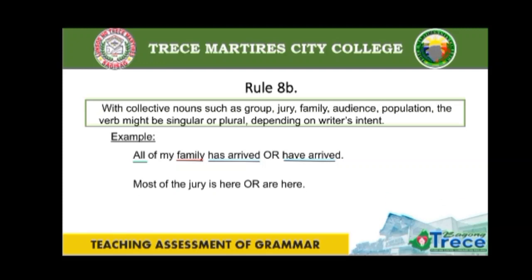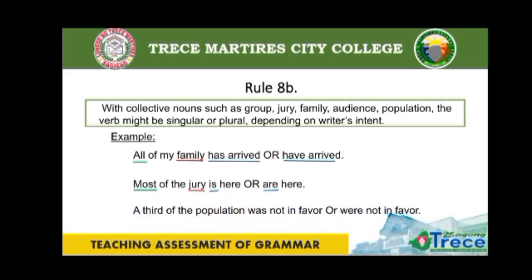Next example: most of the jury. Because of the word most, and the collective noun, which is the jury, which is considered as either plural or singular, hindi siya ma-determine kung plural ba siya or singular. So, it depends sa writer's intent kung gagamit pa siya ng singular verb or a plural verb.